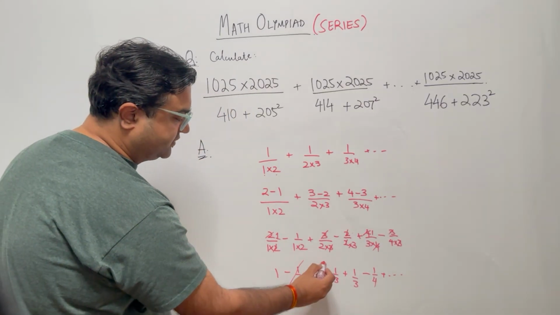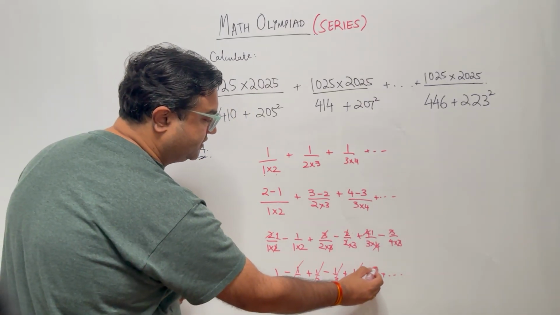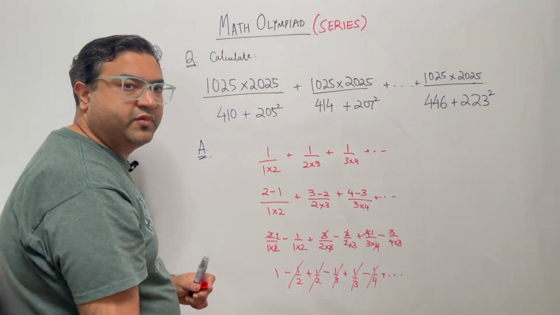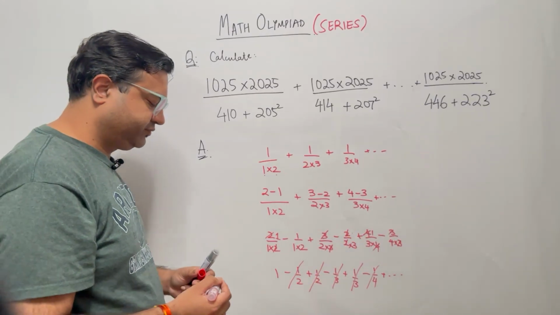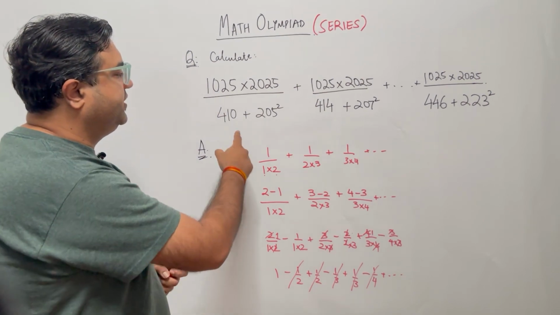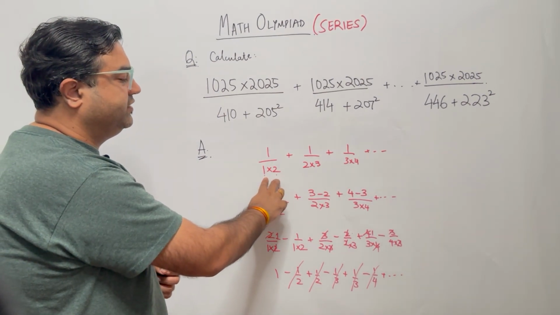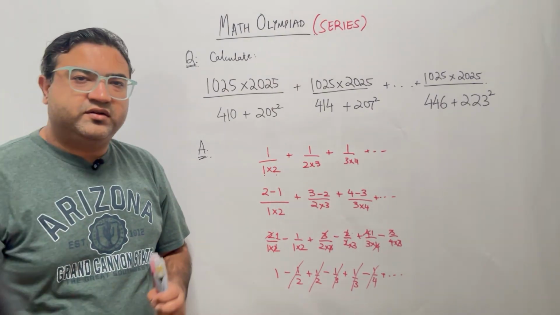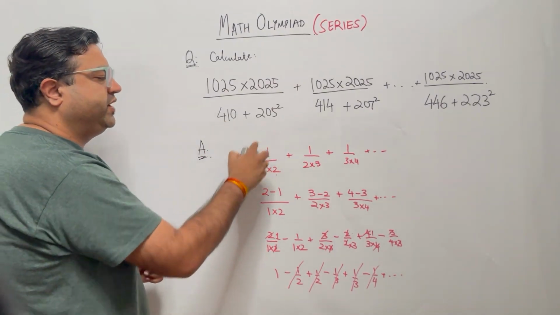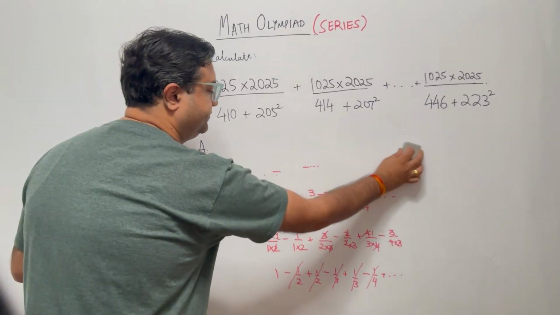So this term will cancel with the next term, and that will cancel with the next. This is how we can cancel out most of the terms. But it doesn't look very easy here. The trick is somehow forming this kind of a pattern.